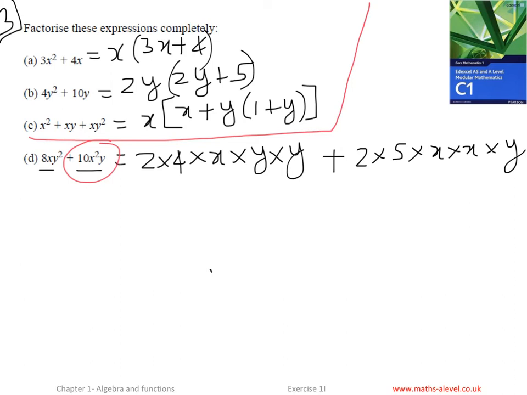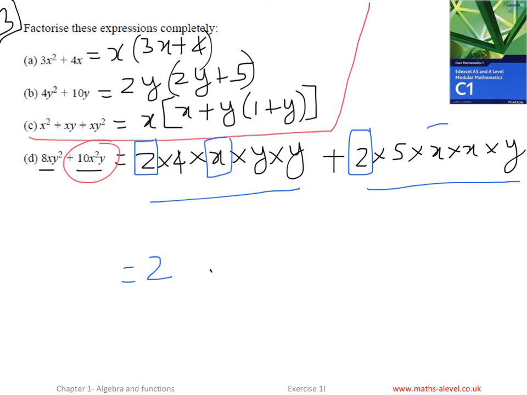Okay, so if we closely look at these two terms, first term and second term, 2 is common in both places, so I'm going to write 2 outside. Then x is common between the two, so x, and we can take another y as a common factor between these two terms. So what's remaining?